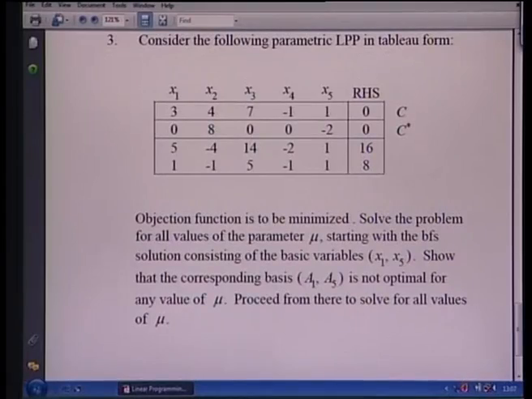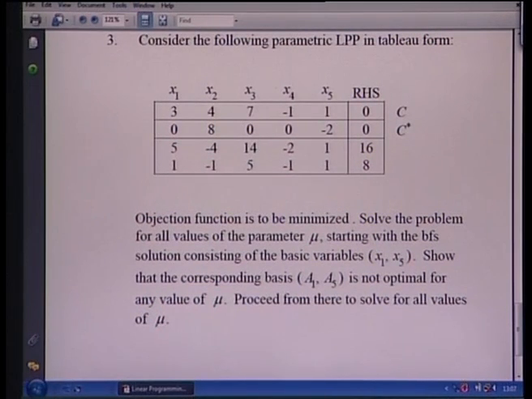Question 3, I have designed specifically; I took some time to come up with the right numbers. Of course, the calculations may still prove to be a little cumbersome, but anyway, in the third problem I have given you a parametric cost problem. The C row is the top one, C star is the row below it, and it is a two constraint problem.